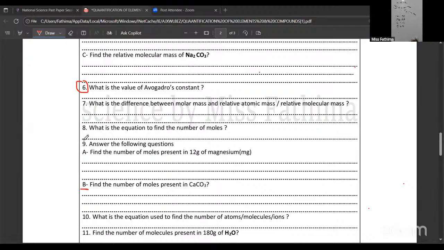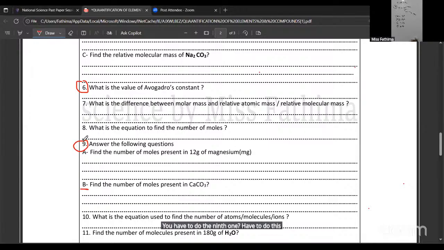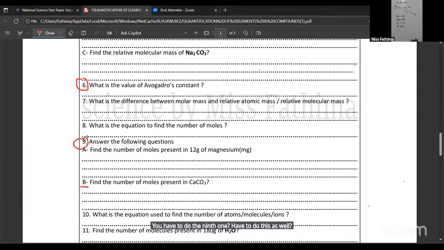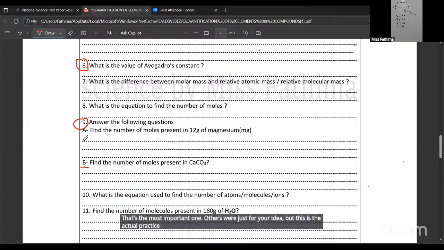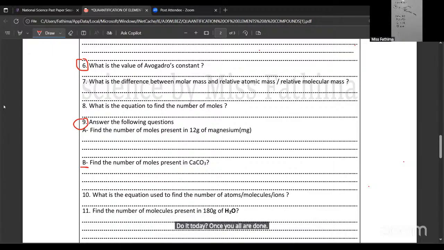You have to do the 9th one. You have to do this as well. That's the most important one. Others were just for your idea, but this is the actual practice. Do it, children. Once you all are done, let me know.